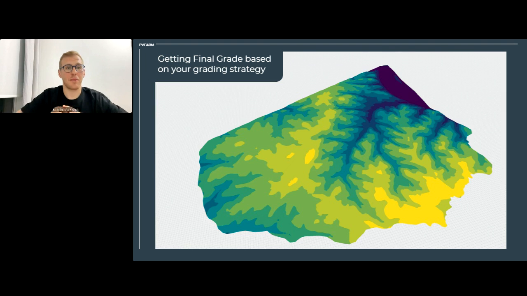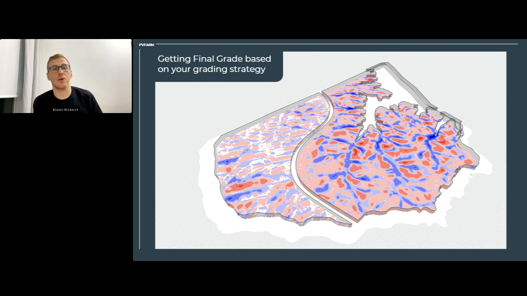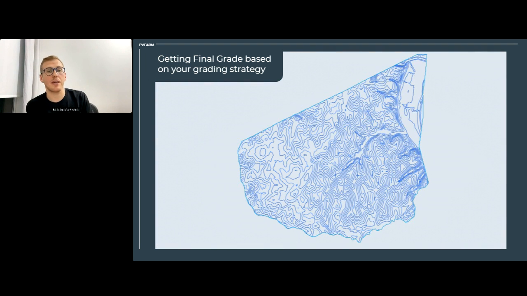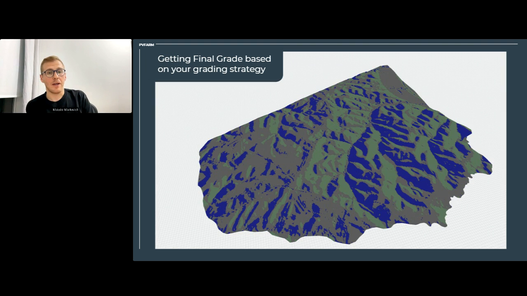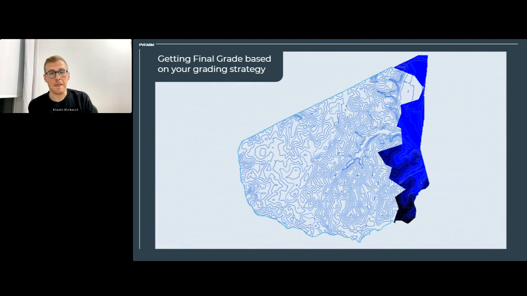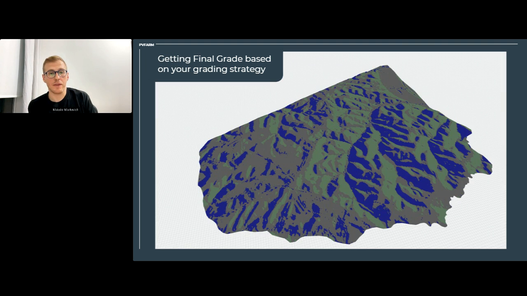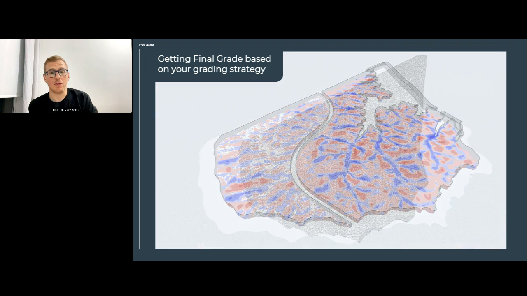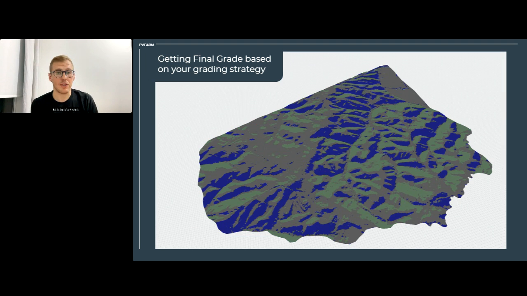And then let's talk about final grade. Again, with the parameters Ben explained earlier during this presentation, you can define your grading strategy, and you can run different grading strategies in different parts of the project. Arrays have one grading strategy, roads have a different one.